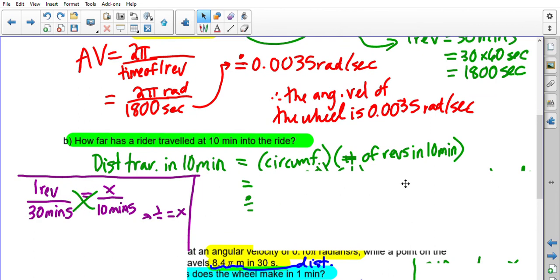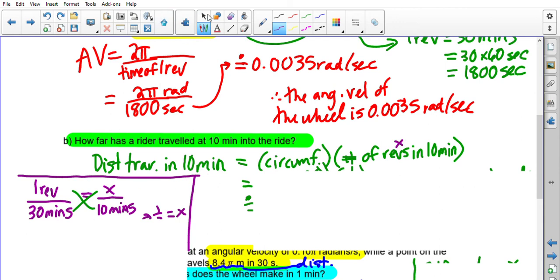But we want to know the number of revolutions in 10 minutes. So we can set up a proportion. 1 rev over 30 minutes is equivalent to how many revolutions in 10 minutes. So what we're solving for is x.